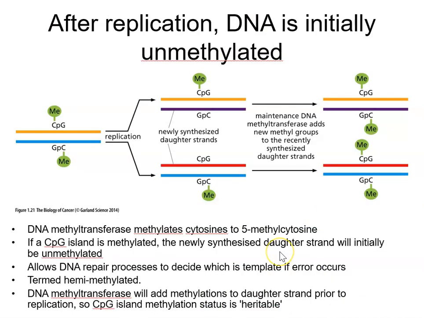So what you might be wondering is, why does it have to be a CG dinucleotide? Why can't it just be cytosines that are methylated? And the reason is that when that DNA that is methylated is replicated, you want to keep that methylation status in the daughter cells upon DNA replication and subsequently cytokinesis. So here is a CpG island.